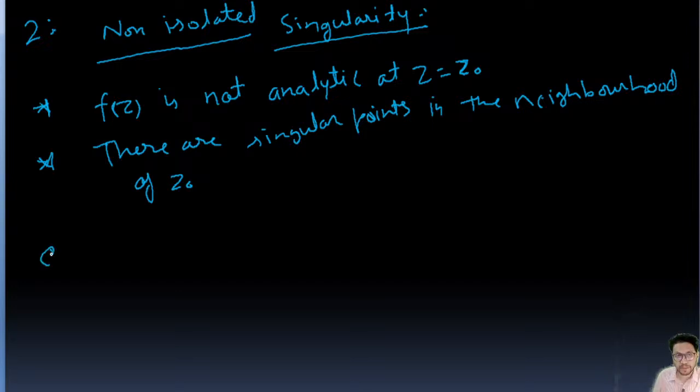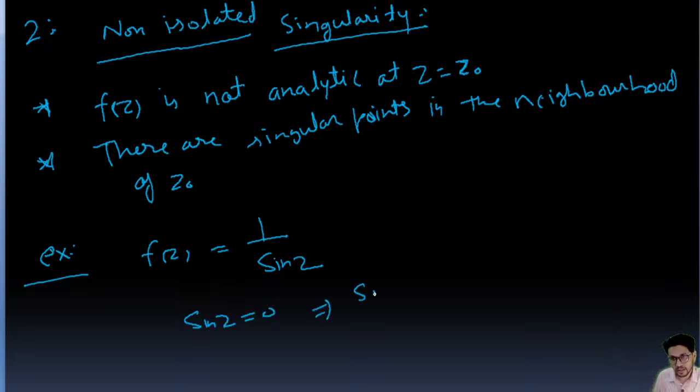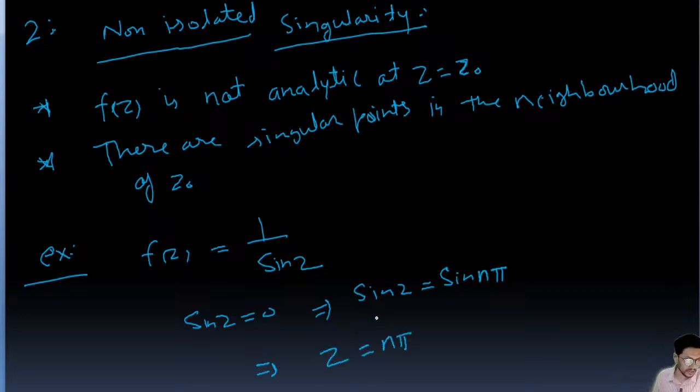I'll give the example. Suppose we have f(z) equal to 1 upon sin z. For singular points, we put the denominator sin z equal to 0, that implies sin z equal to sin n pi, so z equal to n pi, where n equals 0, 1, 2, 3, and so on.